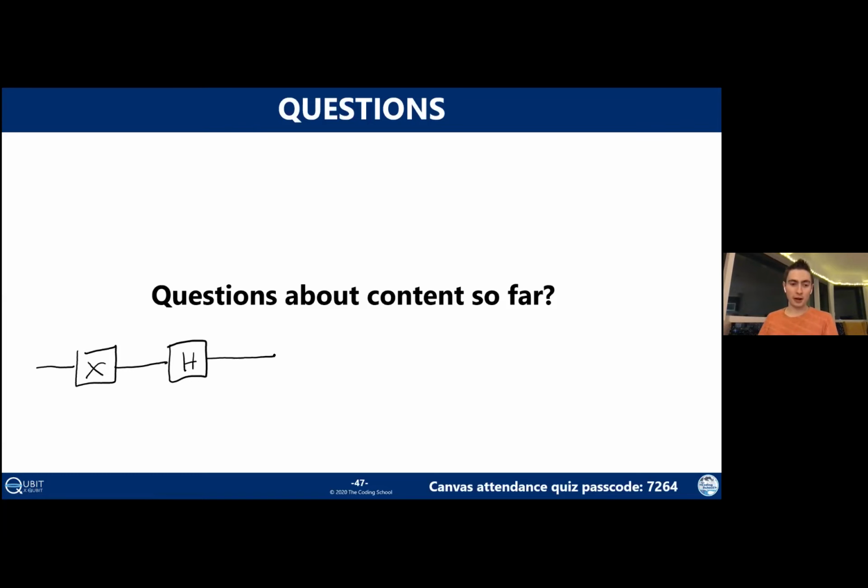remember that the way we figure out what this is as a matrix is to do matrix multiplication. The only trick is that we have to reverse things. So this would actually turn into the matrix for H times the matrix for X, right? So then you would go through and do all the matrix multiplication stuff, use that big formula.